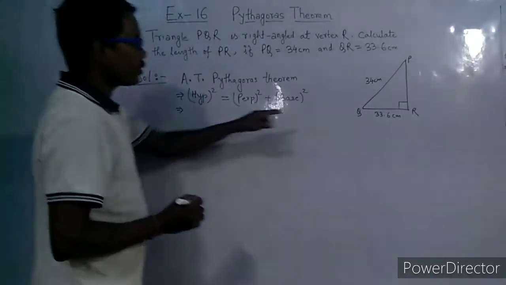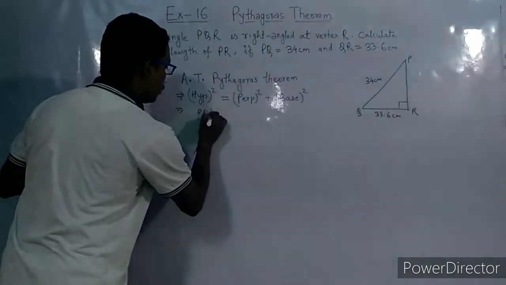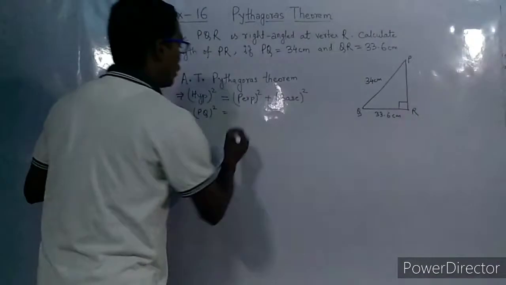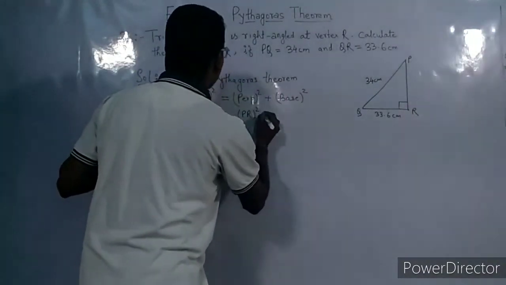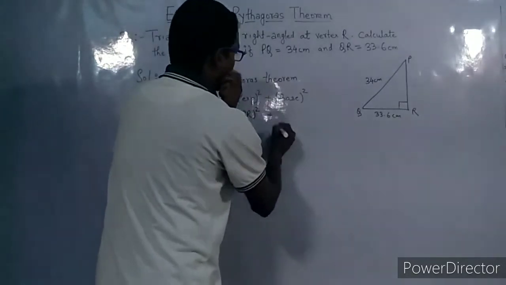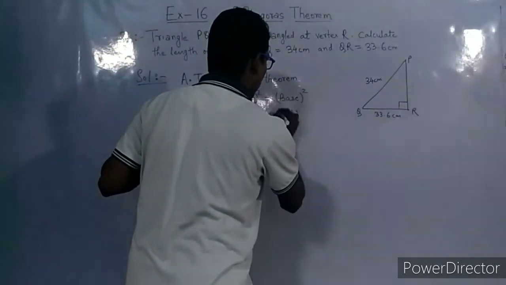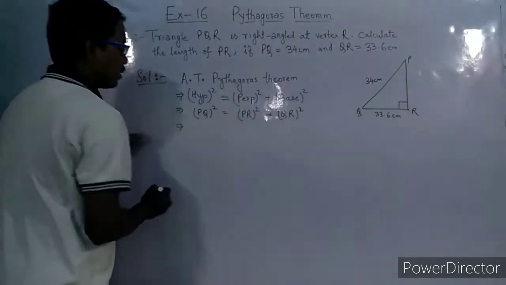Hypotenuse is PQ, so PQ square equal to perpendicular PR square plus base QR square. Now we will write the values of all the sides.